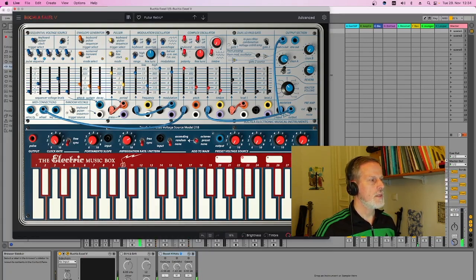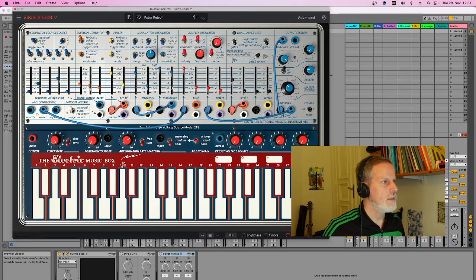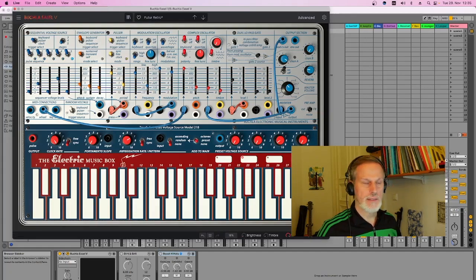Good. So we've got the modulation oscillator with its frequency modulated by the sequential voltage source, and the pulsar controlled by the envelope generator, which in turn is controlled by the keyboard. There's something that we're missing.